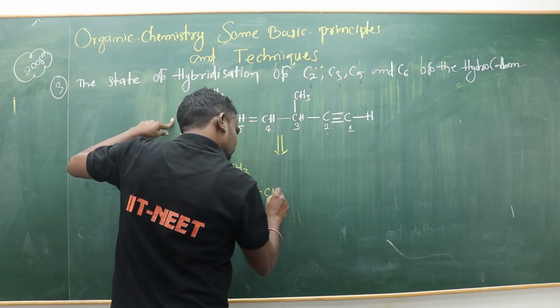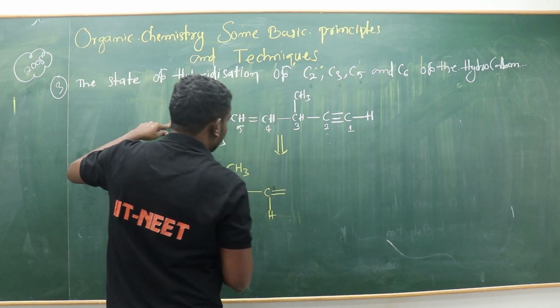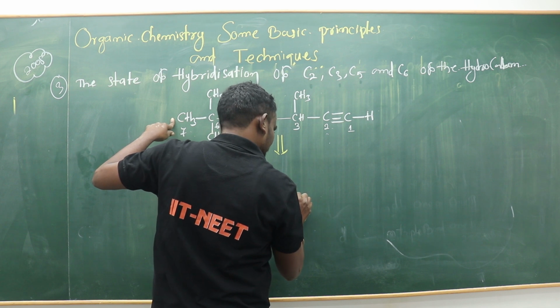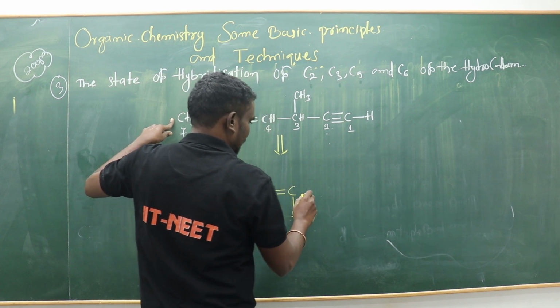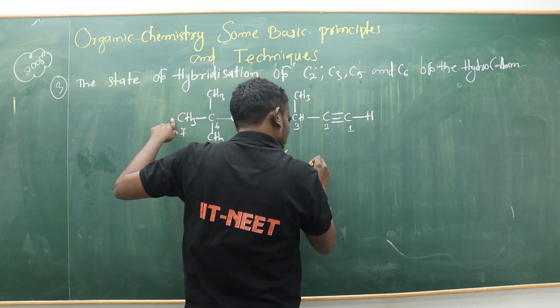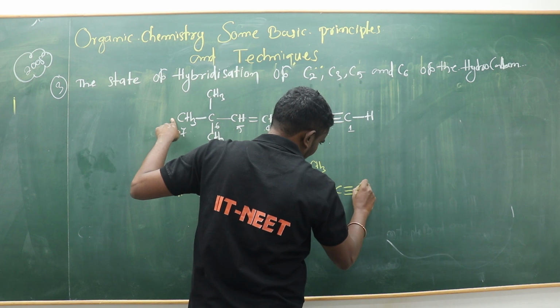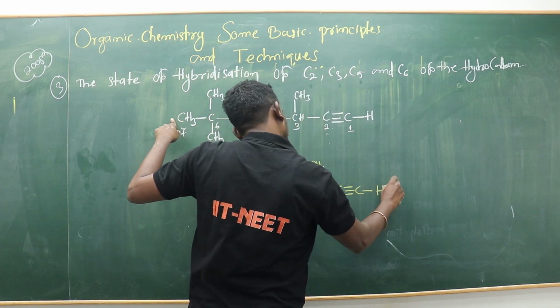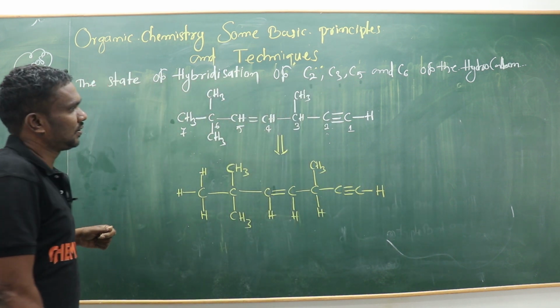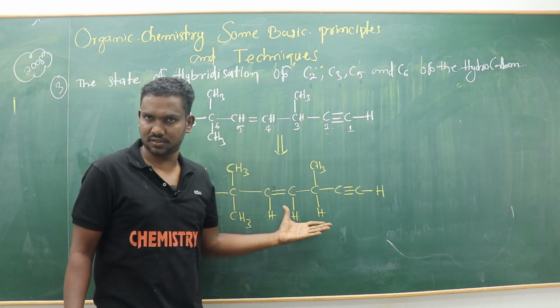Next beta ji, here 1 H, double bond, right? CH, this is H, CH3, C triple bond, CH, right? So first of all, if given like this, you have to elaborate this like this structure.